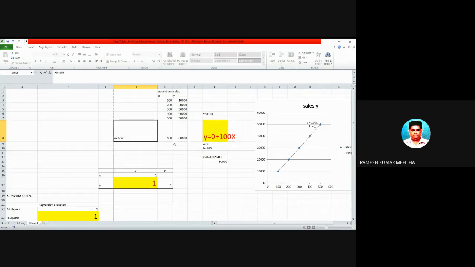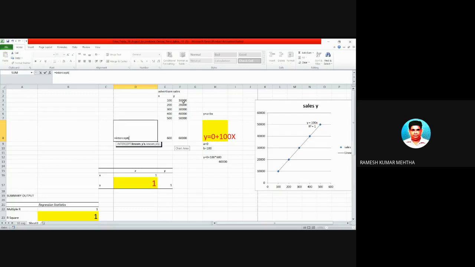In Excel, we have a formula called intercept. You just type is equal to intercept in the particular cell where you want your result, put a bracket, and underneath it is written known values of y and known values of x, and then close it. So first is known values of y.